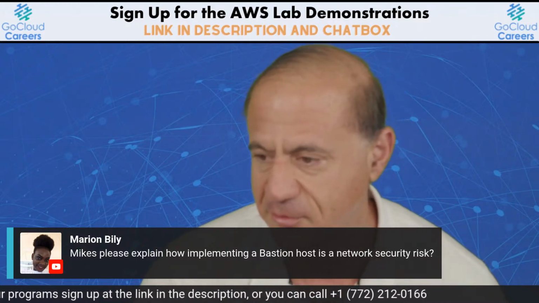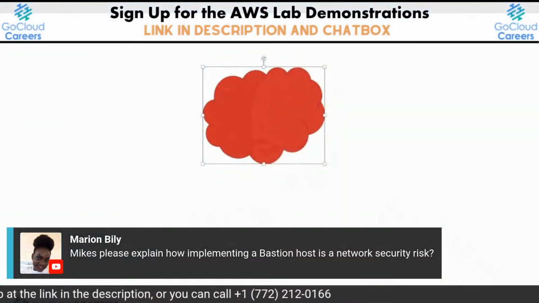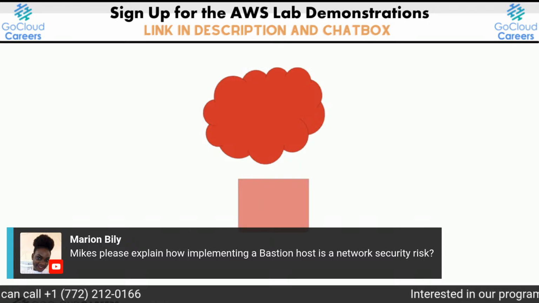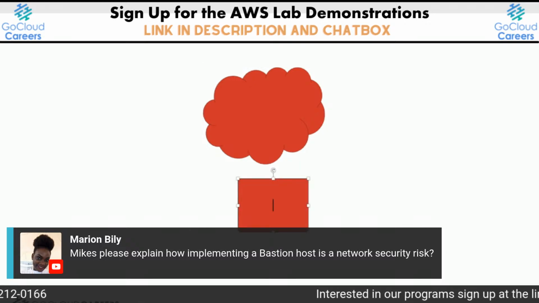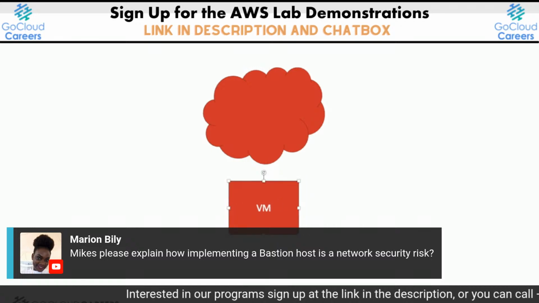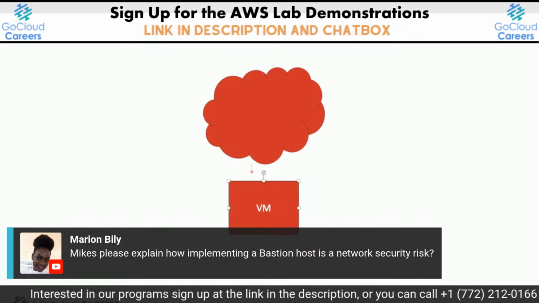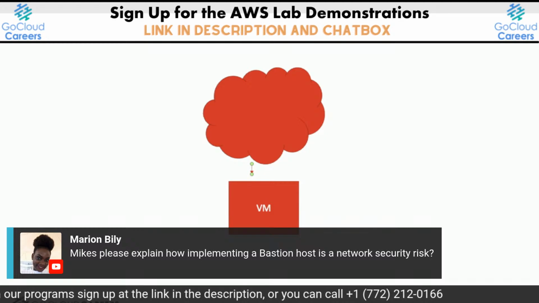Oh, thank you. So here we've got a public internet, and here we're crazy enough to put a virtual machine, like a Windows virtual machine. We put a virtual machine directly on the public internet. Now this virtual machine has two network cards, and one of them is related to the private subnet where our web stuff is.